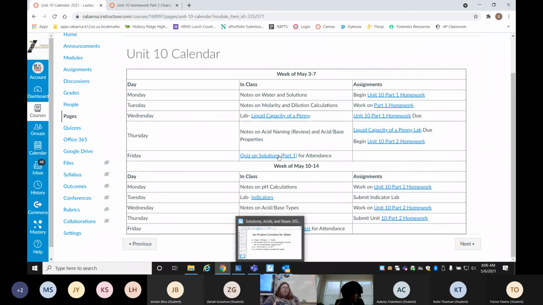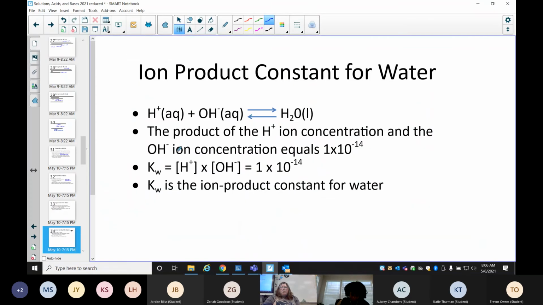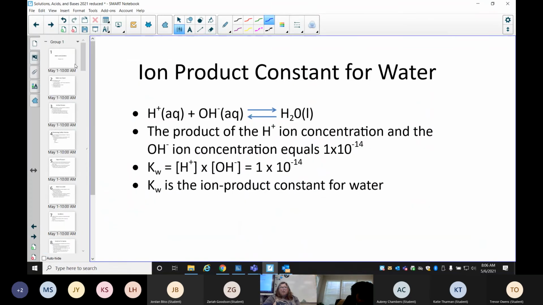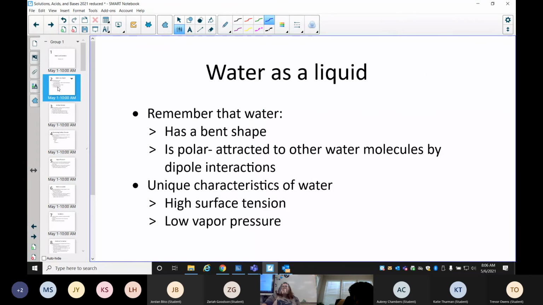Going back to recap, the quiz tomorrow is just covering part 1 of the unit, so the stuff that was on the part 1 homework. I would go back and look at water. Remember, water had some very special properties. We talked about water having that bent shape, and it's polar, and it created hydrogen bonding between water molecules. Because of those things, particularly the hydrogen bonding, it had really high surface tension.